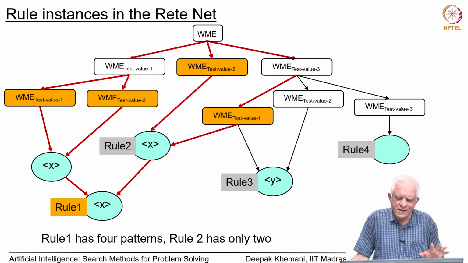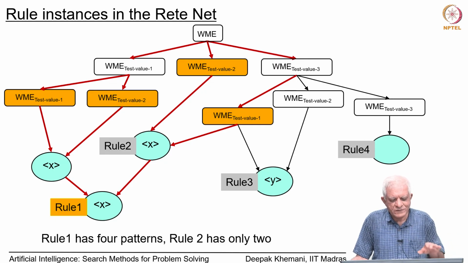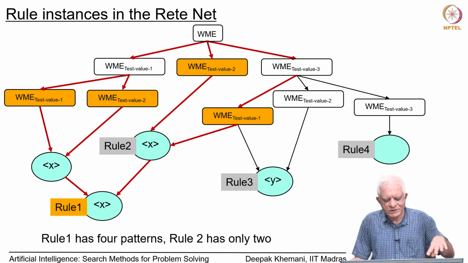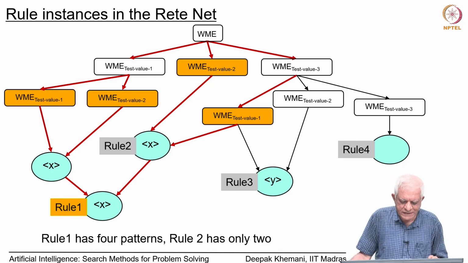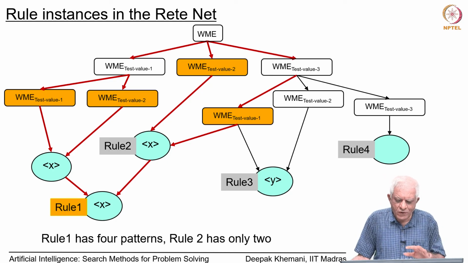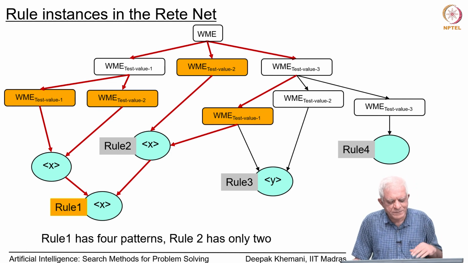So, this rule 1 clearly has 4 patterns in the left hand side. It needs 4 tokens to come and match those 4 patterns. The 4 tokens will travel along the 4 paths that we have shown here in red. So, if all the 4 tokens reach rule 1, then we will say that rule 1 is matching, and we will put it in the conflict set with the 4 tokens that have come there.